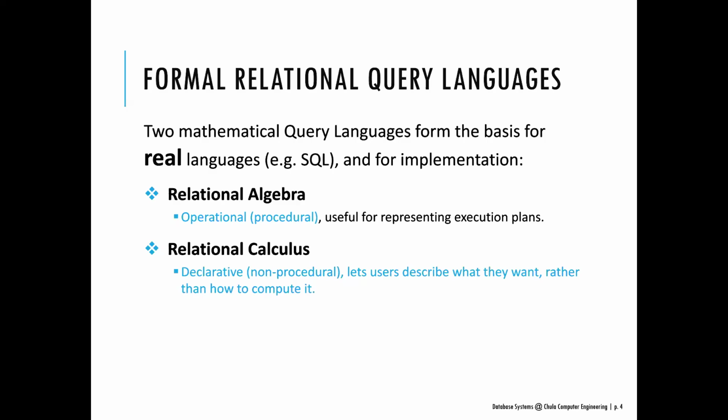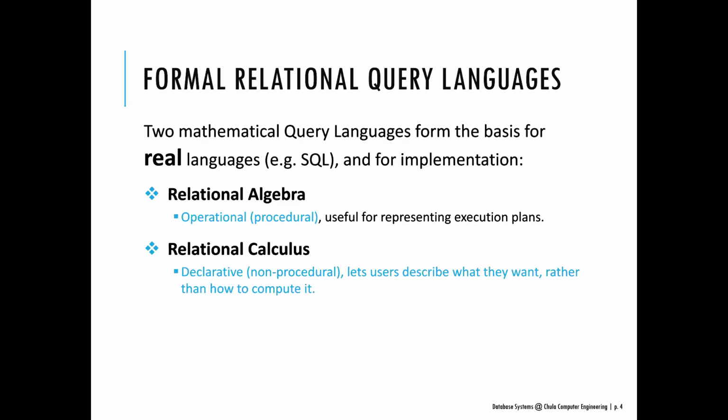Relational algebra is operational, meaning it operates one line at a time, so it is sequentially executed. That is appropriate when you want to know the execution plan: you execute this, then do the next, and you will know exactly what it does at each moment.